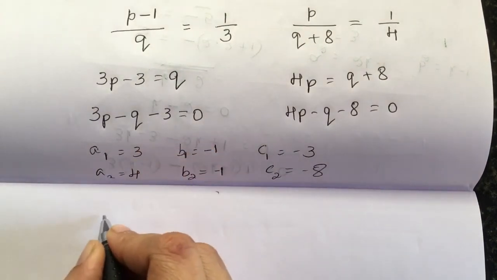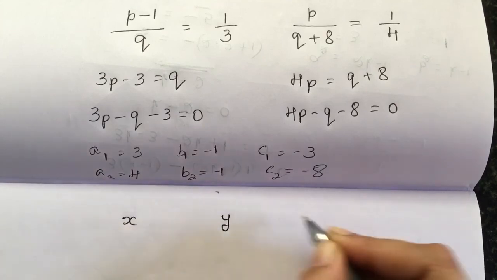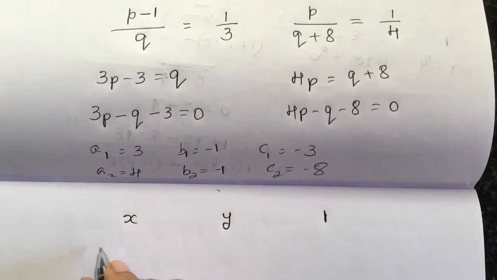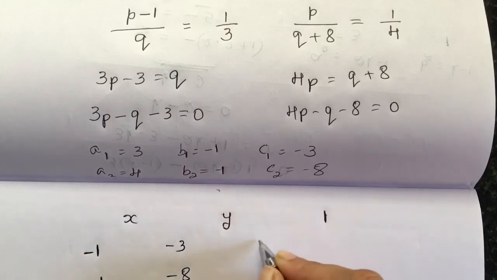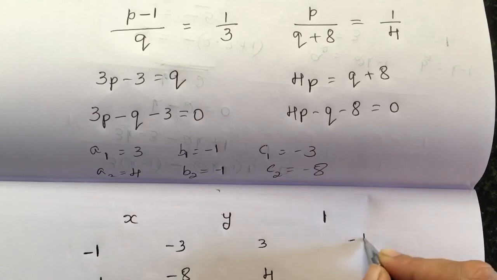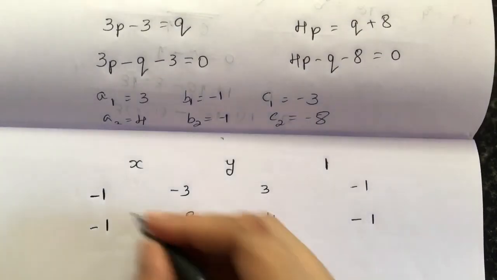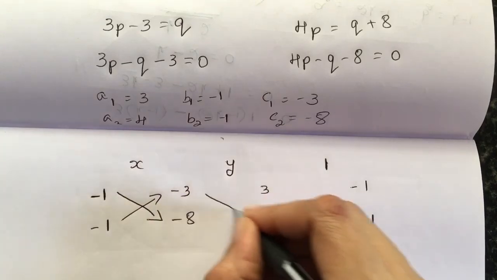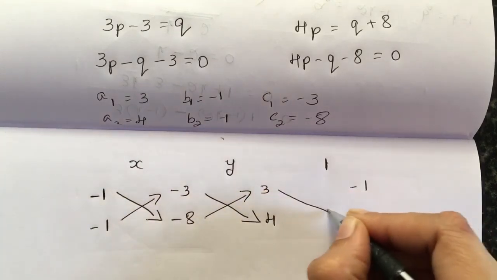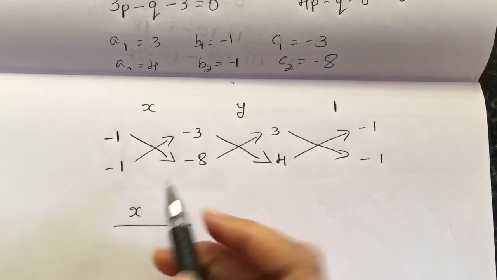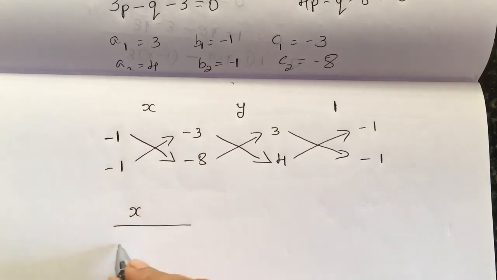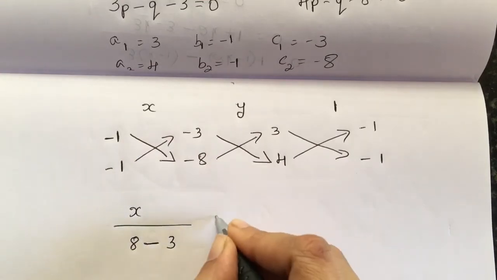Right, then as usual, I hope you know x, y and 1. You have to start with b1, so minus 1, minus 3, minus 1, minus 8, 3, 4, minus 1, minus 1. This way. X by b1 c2, so minus 1 into minus 8, I'll directly write 8, minus 3 into minus 1 is 3.